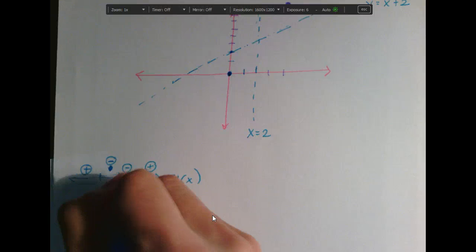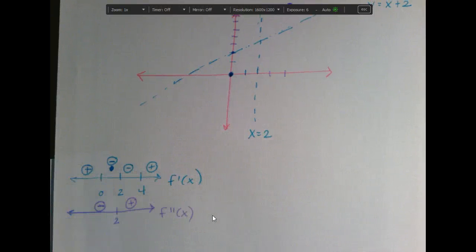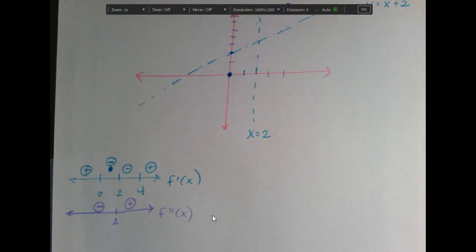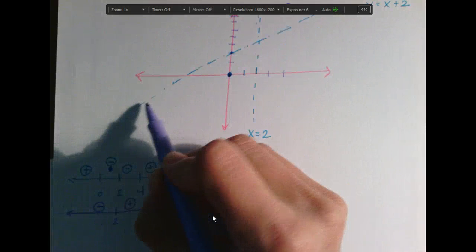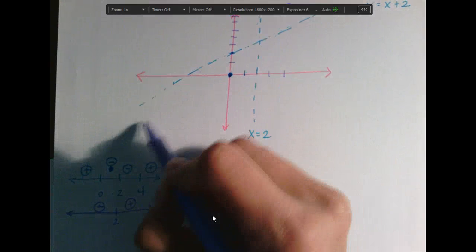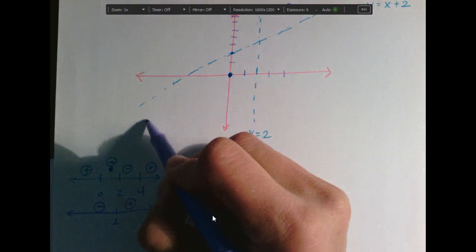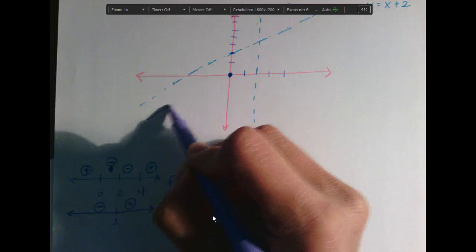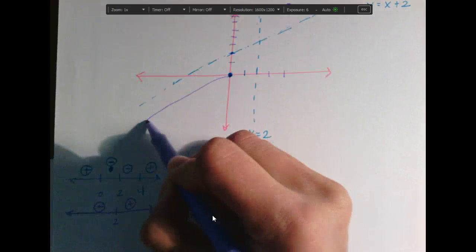And we had negative and positive. So, as I go from negative infinity up to 0, I'm increasing and I'm also concave down. I'm also restricted by this asymptote, so we've got to make sure we follow the line of that asymptote. So increasing and concave down.